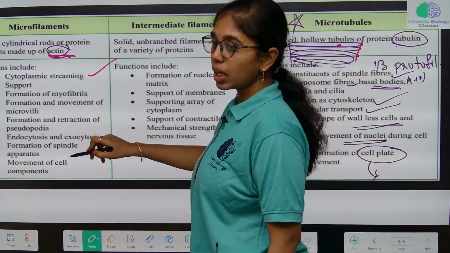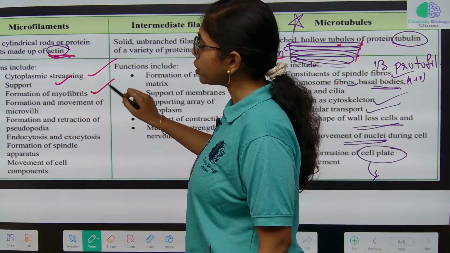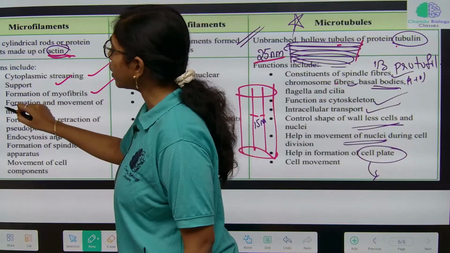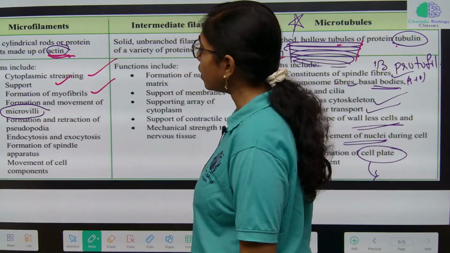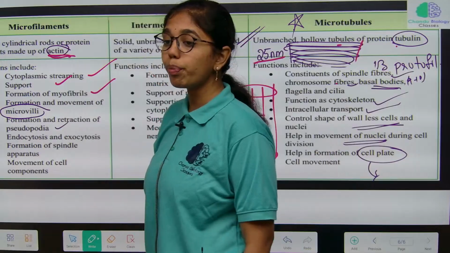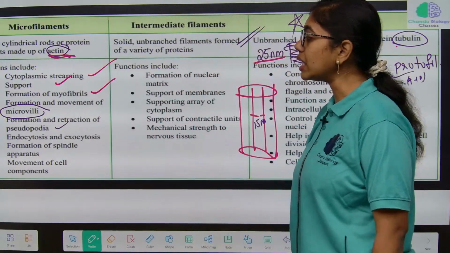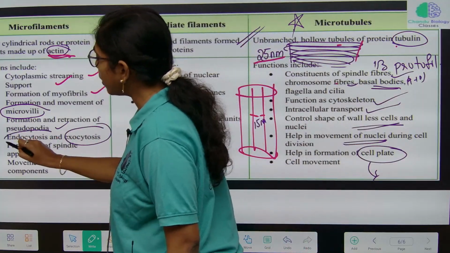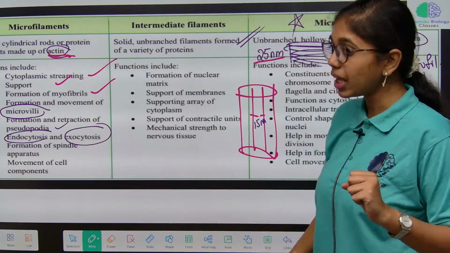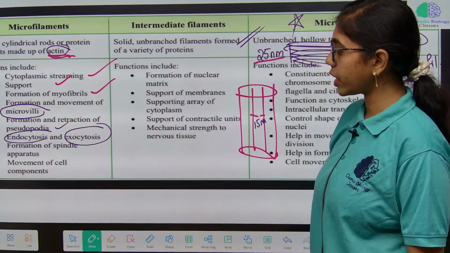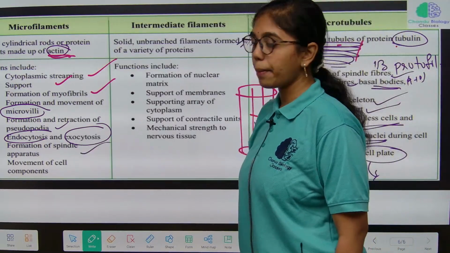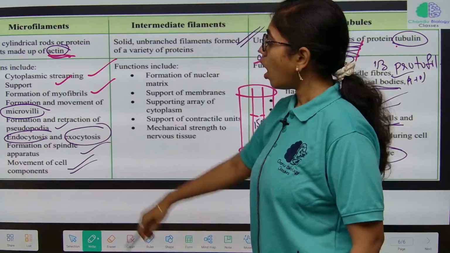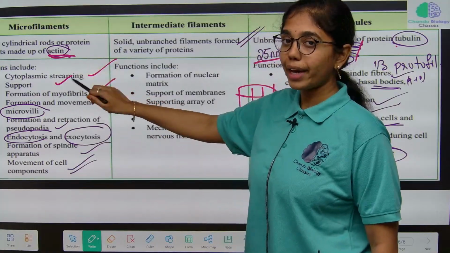Cytoplasmic streaming, they give proper support, formation of myofibrils, muscle fibrils, and movement of microvilli in small intestine, formation and retraction of pseudopodia in amoeba, which is the false feet, endocytosis and exocytosis. It helps both during endocytosis, that is cell engulfing, and cell emitting during exocytosis. Formation of spindle apparatus also, and movement of cellular components inside the cell. All these are the functions of microfilaments.